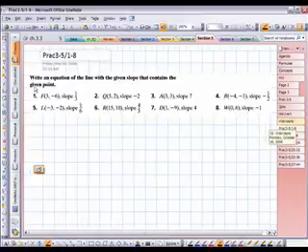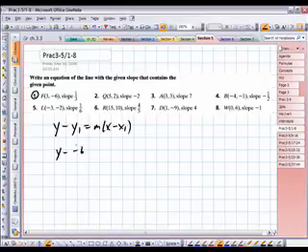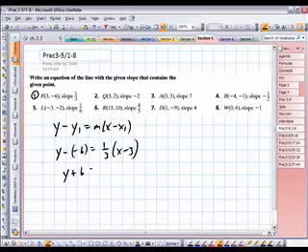Okay, write an equation of the line with the slope that goes through the point. So the best way to do this is to use point-slope form, since that's what we're given. y minus y1 is equal to m times x minus x1. So we have y minus negative 6 is equal to 1/3 times x minus 3. y plus 6 is 1/3 times x minus 3.